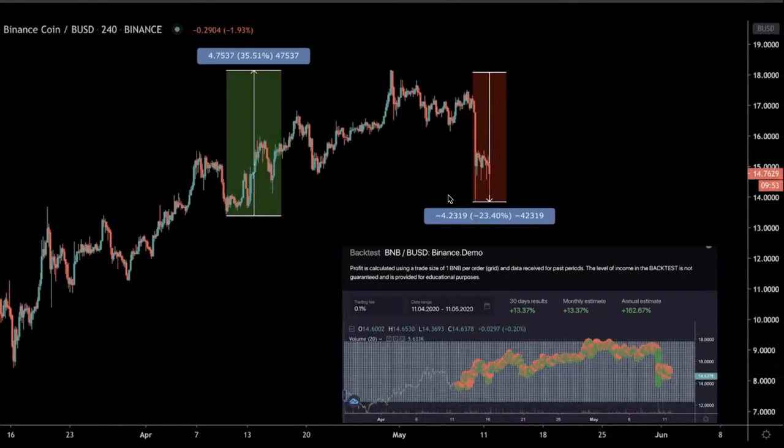And another example, just to compare, we have BNB, same period, but a slightly lower return, almost twice lower, only 35%, and a risk of 23%. The risk here is represented by the price fall from the previous higher high.